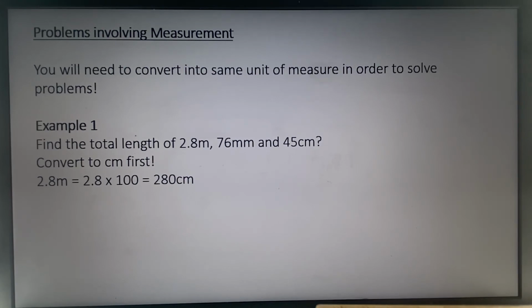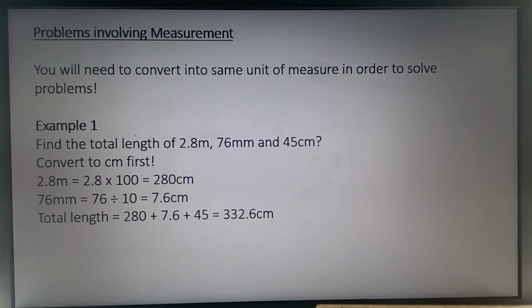There's 100 centimetres for every metre, so we're multiplying by 100 to get 280 centimetres. And then 76 millimetres, well, there's 10 millimetres for every centimetre, so we're going to divide by 10 to get 7.6 centimetres. And then we can add these 3 values now. So 280 plus our 7.6 plus our 45 is 332.6 centimetres.